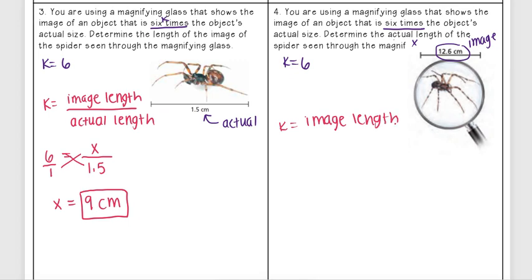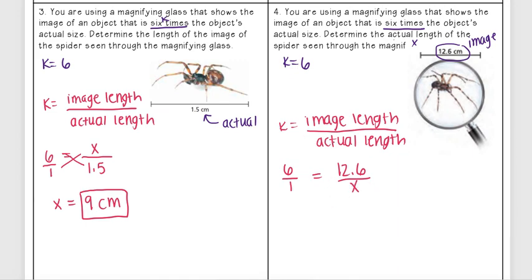So going through the same steps, I have K is equal to 6, and again I'm just going to put that 6 over 1. I don't know my actual length, but I know my image length is 12.6 centimeters. But my actual is just going to be x.